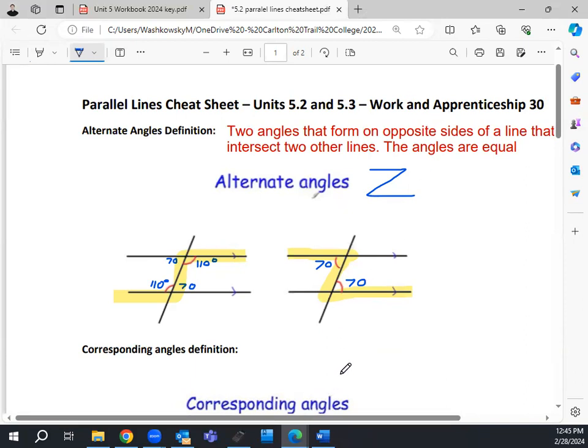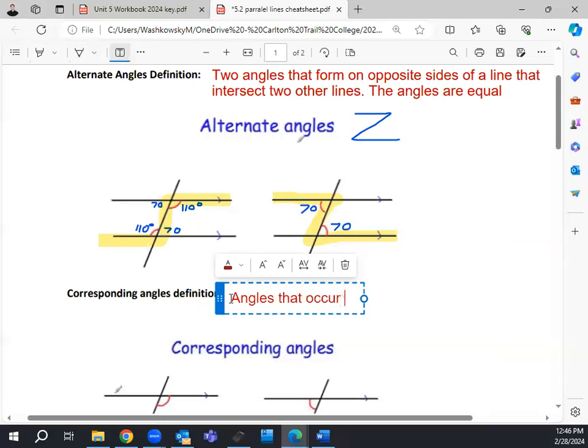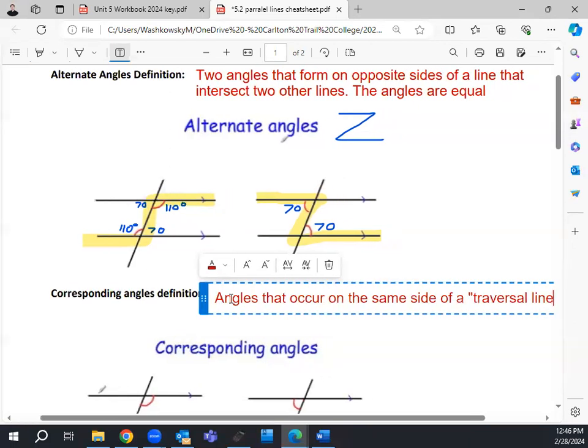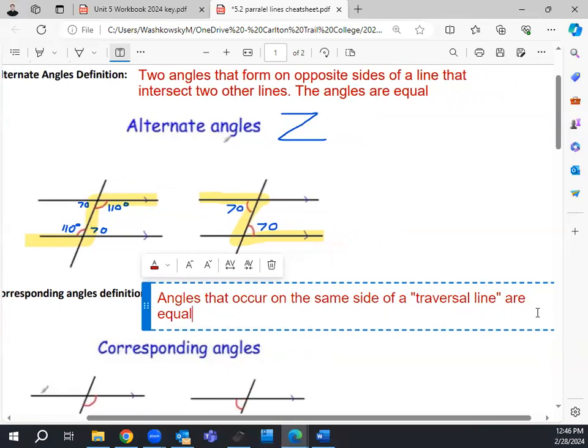Now, what we also have is something called corresponding angles. And just like before, I'll give you the definition and we'll explain what that means. So these are angles that occur on the same side of what's called a transversal line. We'll learn what that is today. So angles that occur on the same side of a transversal line are equal. They're the same.